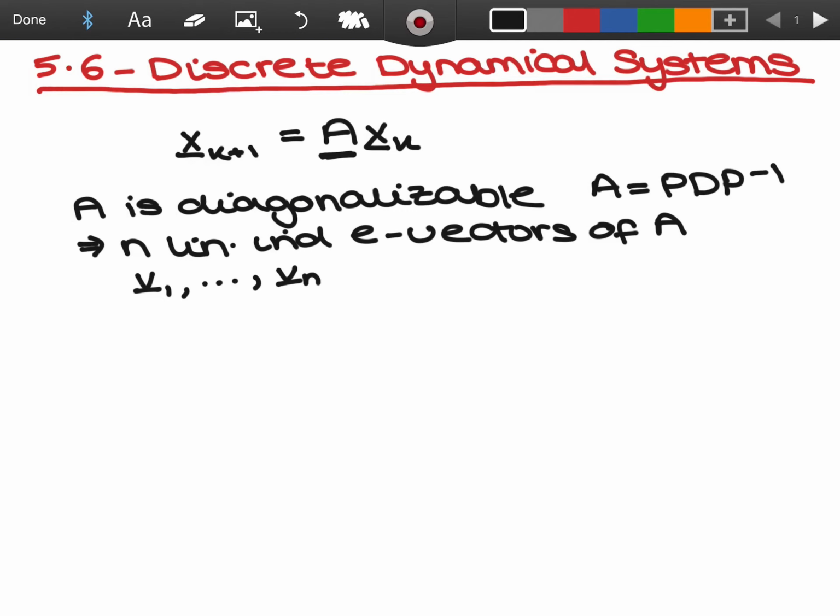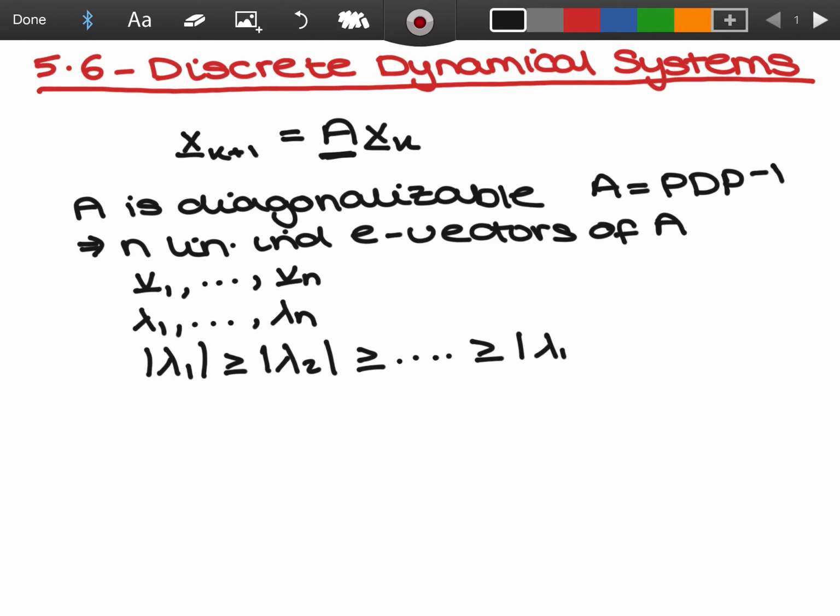Okay? So I'm going to arrange the order of these eigenvectors such that the associated eigenvalues, we'll call them lambda 1 through lambda n, decrease in magnitude. So the magnitude of lambda 1 is greater than or equal to the magnitude of lambda 2, all the way down to lambda n.